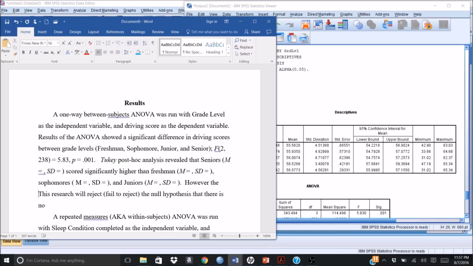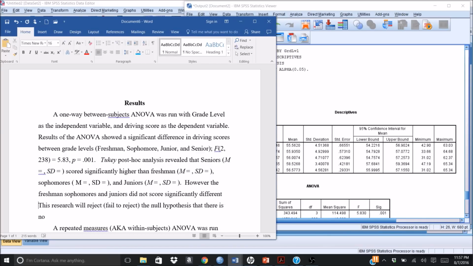However, the freshmen, sophomores, and juniors did not score significantly different from each other.